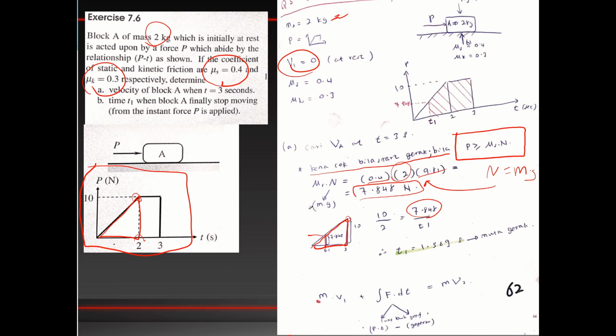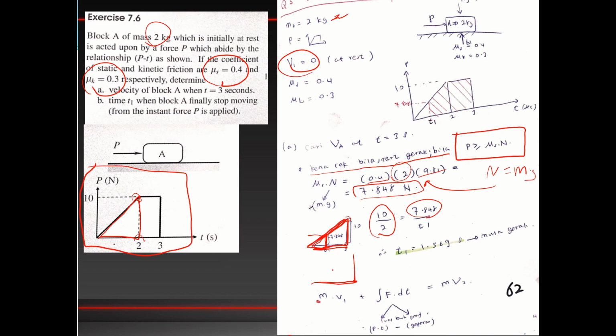You can take the slope of the graph here, because we have the same slope. So I'm using 10 divided by 2 equal to 7.848 divided by this length, so y divided by x gives us the slope of the graph.